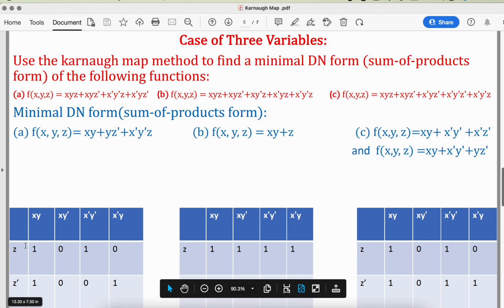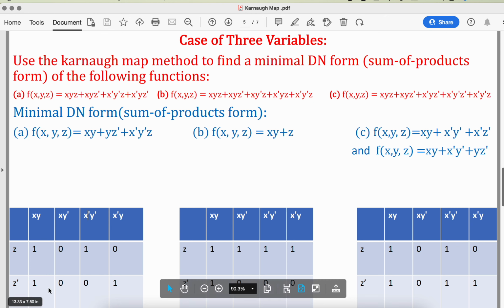Now we will look at ones. So we have this rectangle containing 1's. Here we have z and z' in complemented and uncomplemented form, so it will give xy. In the top border row we have xy.